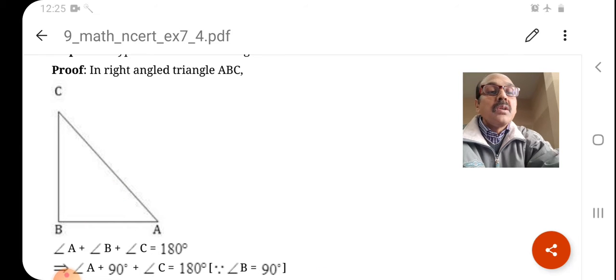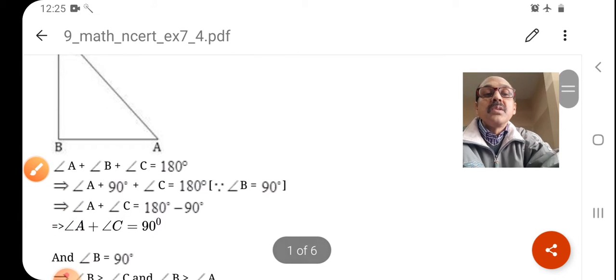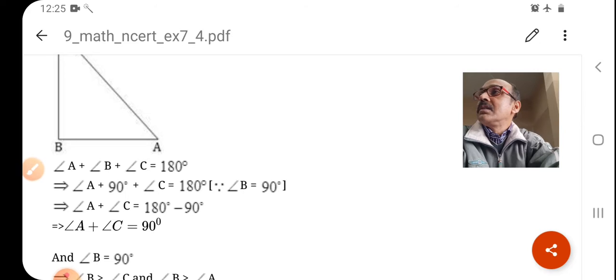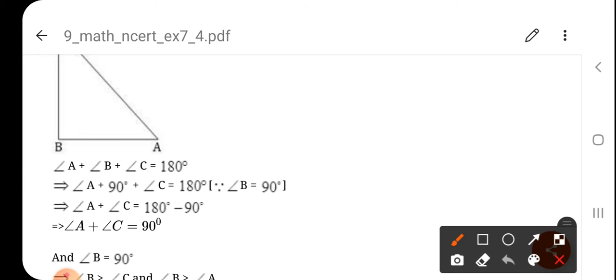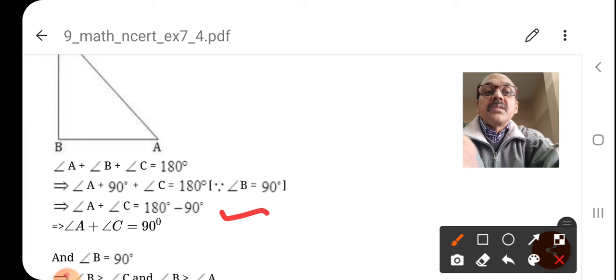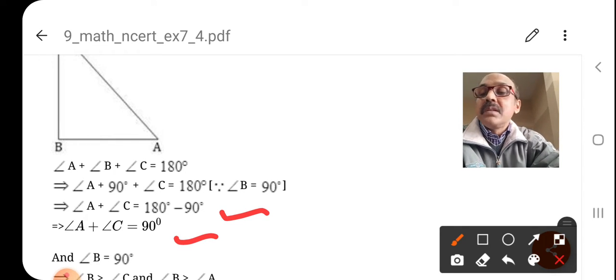So A plus C equals 180 minus 90, so A plus C equals 90 degrees. That means one angle is 90 degrees, that is B, it is given, and the sum of the other two is 90.